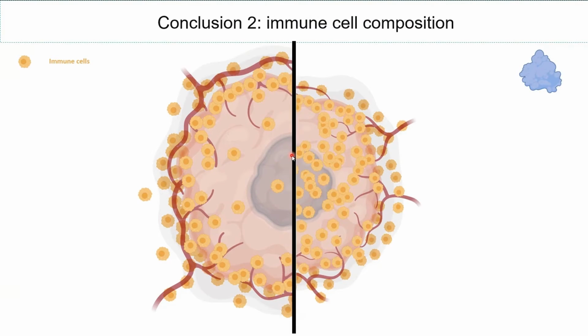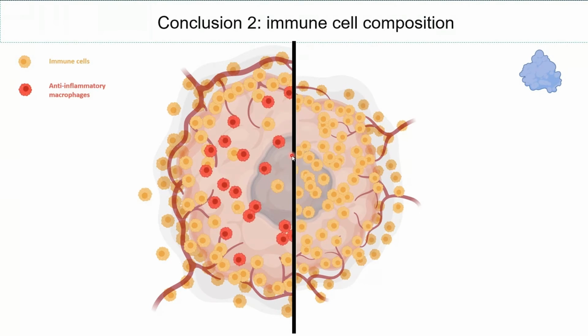So these cells are increased in density and in infiltration in glioblastoma, and they are not anti-inflammatory macrophages. This population is decreased, so these bad, anti-inflammatory and pro-tumoral macrophages. We increased CD8 T cells, and we also increased this activated microglia.